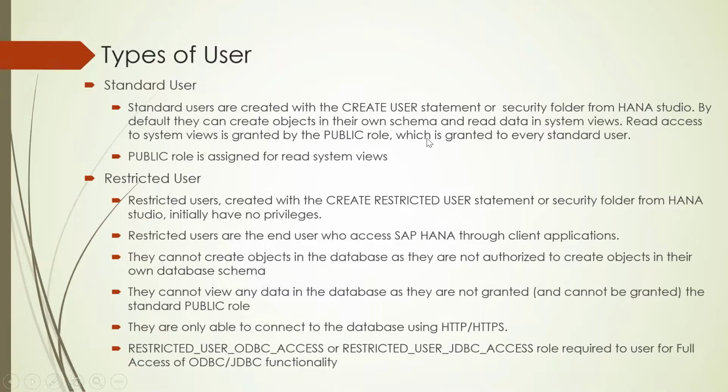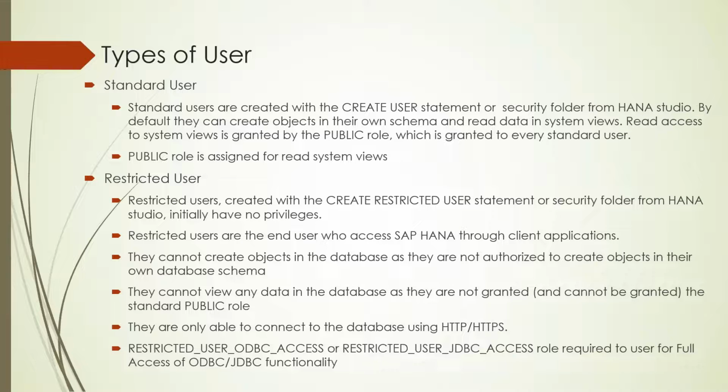Fine. Also, one schema is created for the standard users. So every standard user, that is every DB user, has their own schema. Whereas a restricted user doesn't have the public role.